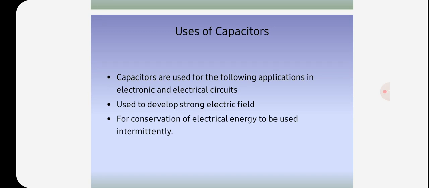The uses of capacitors. Different capacitors are used for different applications in different fields.